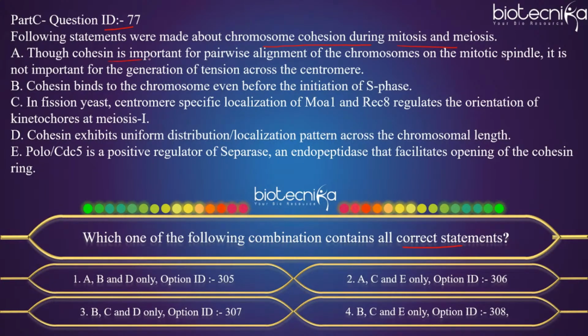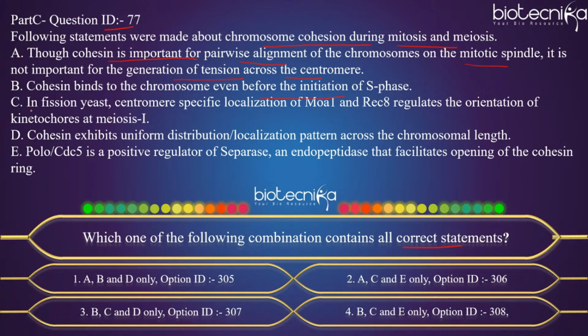Though cohesion is important for pairwise alignment of the chromosomes on the mitotic spindle, it is not important for the generation of tension across the centromere. So this is statement A. Statement B says cohesion binds to the chromosome even before the initiation of S phase. Madhura, it is shift 1. Okay.